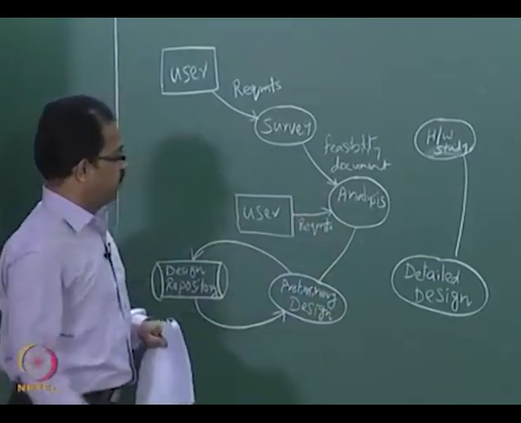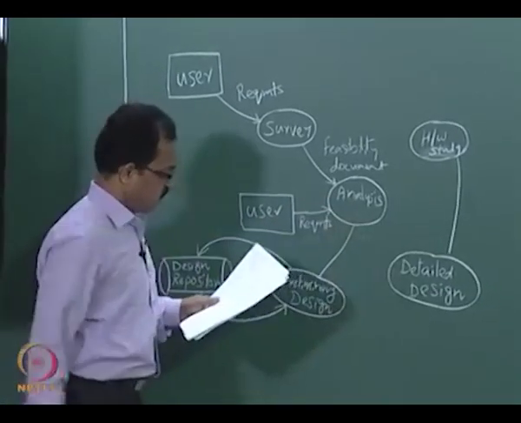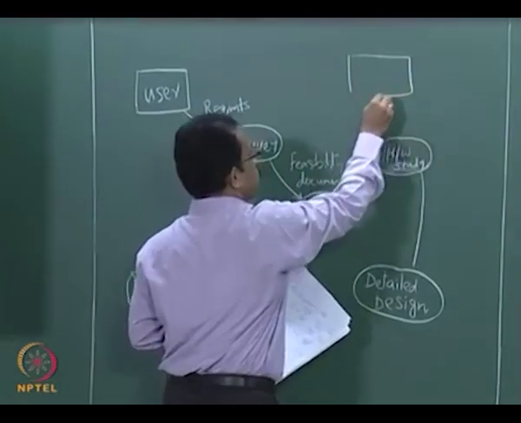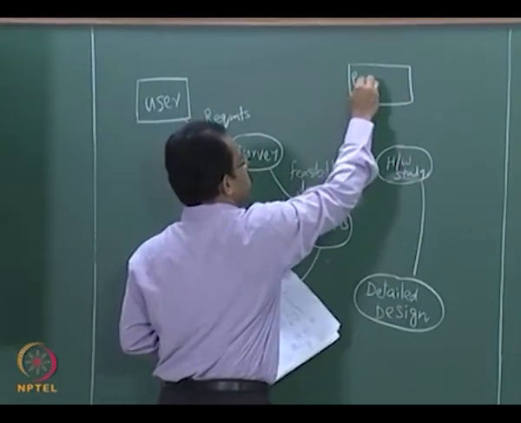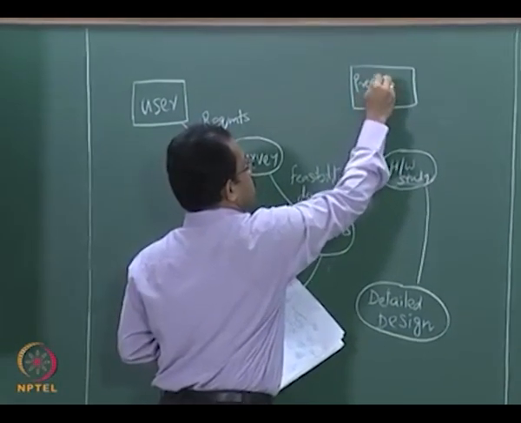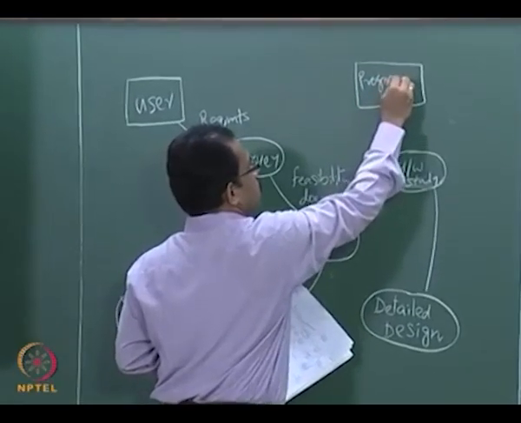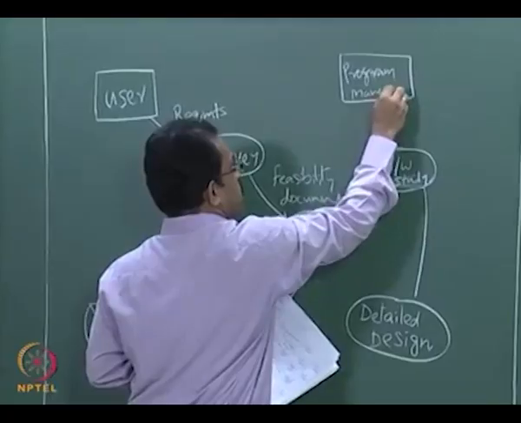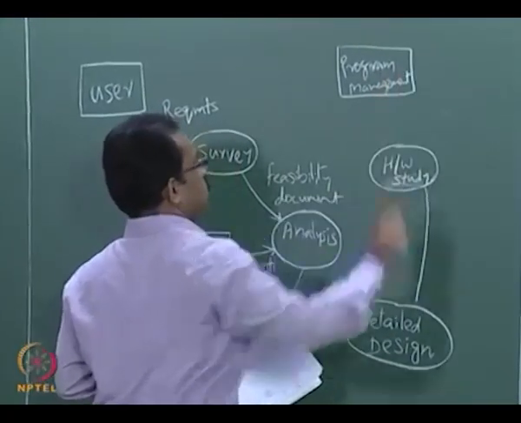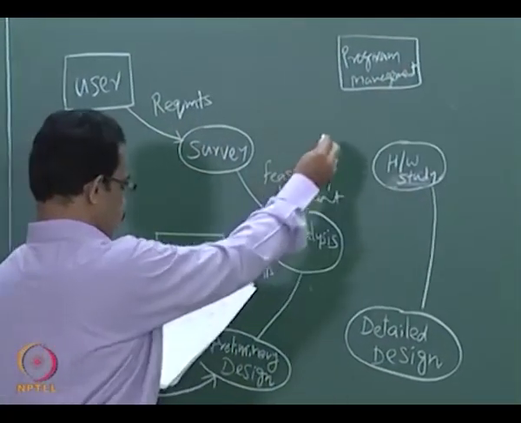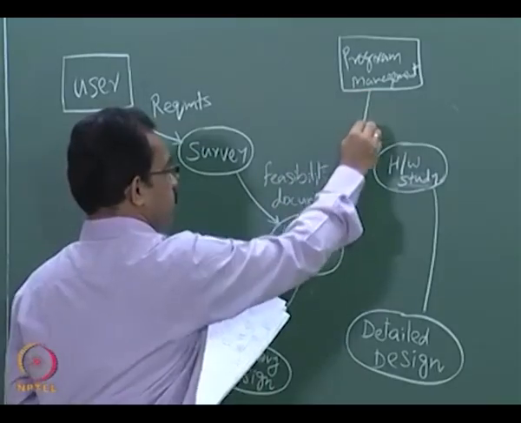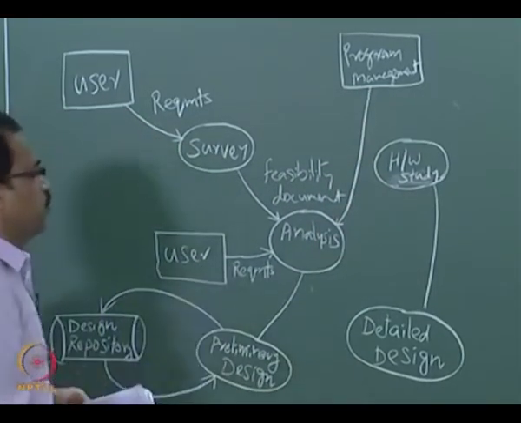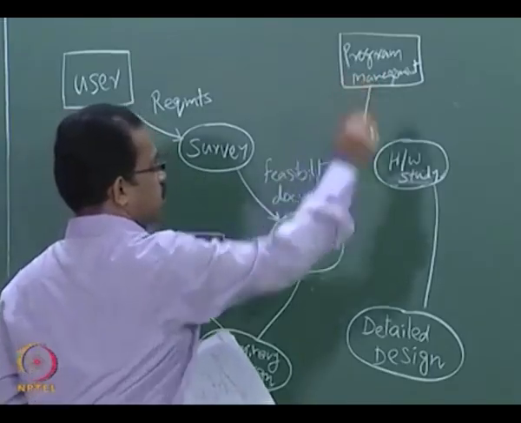So that is the data flow from the user to the analysis section, and then there will be another terminator known as program management, which actually decides about the various strategies for the program or the design. This is again another entity which will be directly interacting with the analysis team, giving the directions on how to proceed with the design.